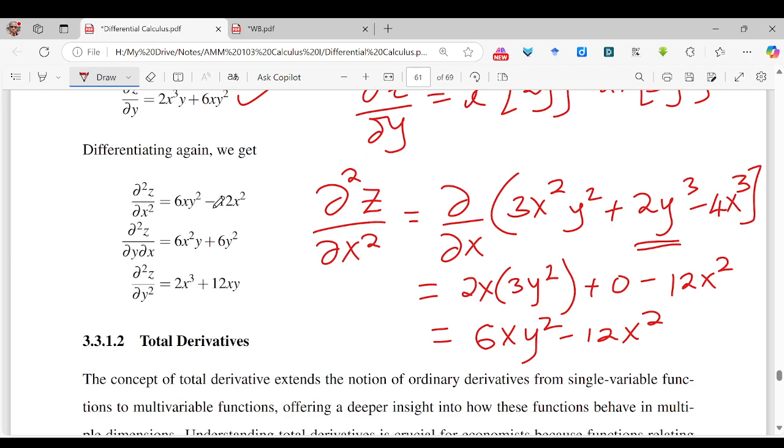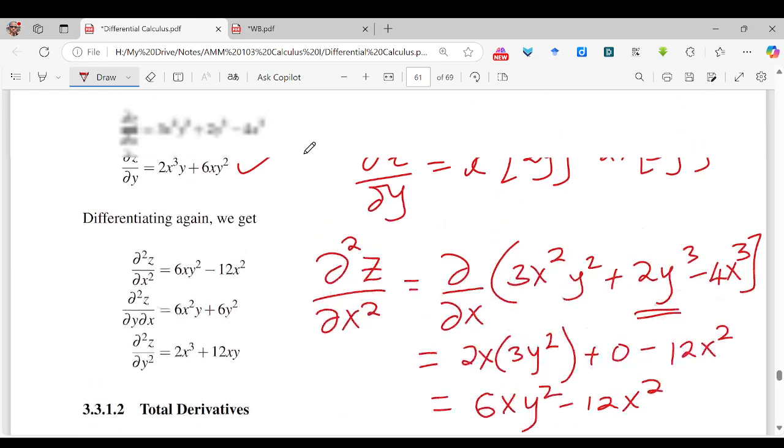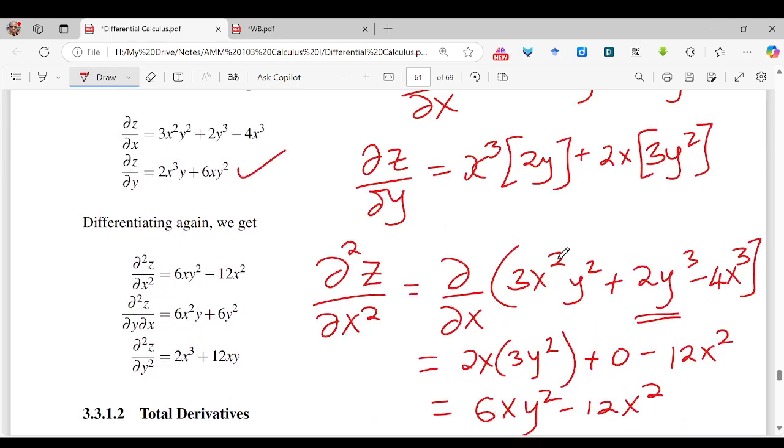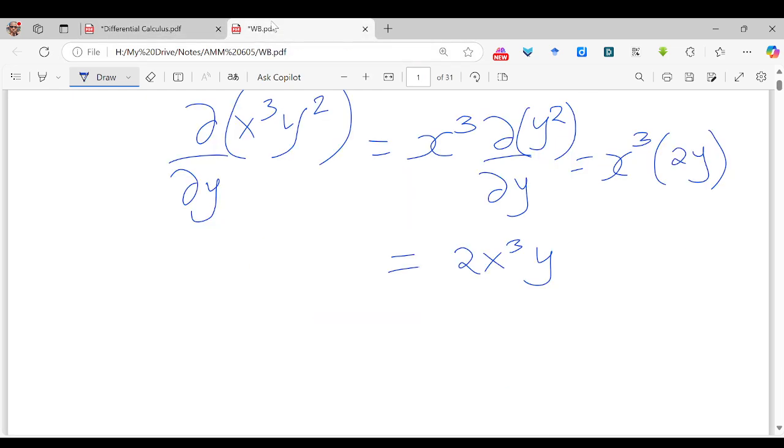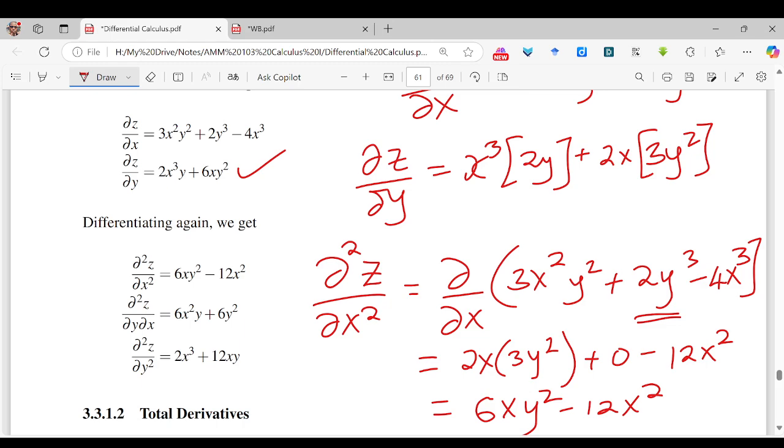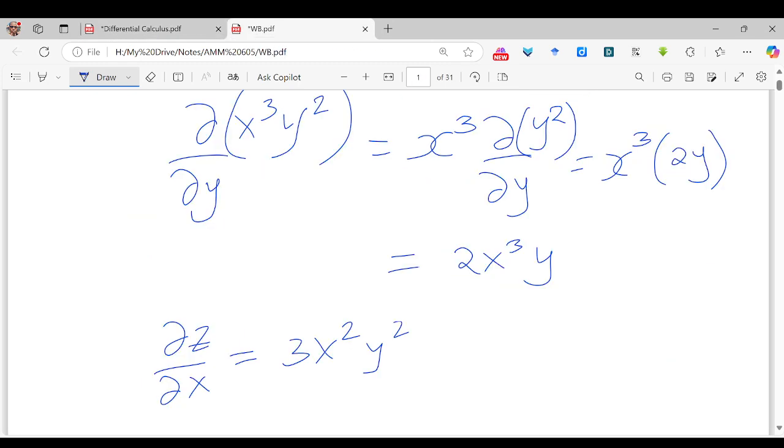Similarly, we can take the same function, the partial derivative of z with respect to x, which is 3x squared y squared plus 2y squared minus 4x cubed.